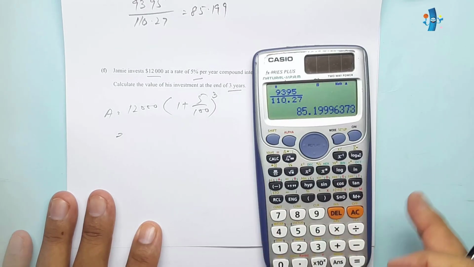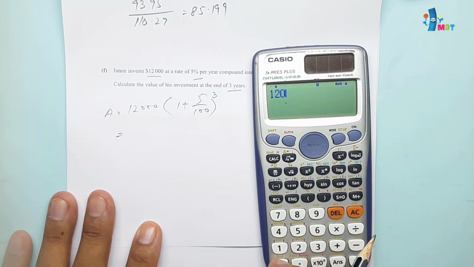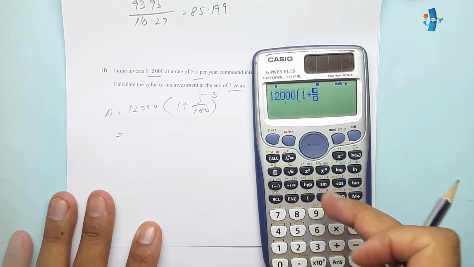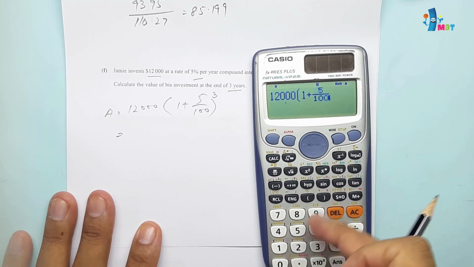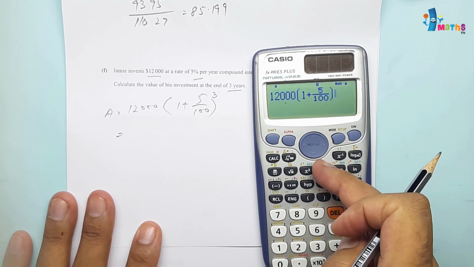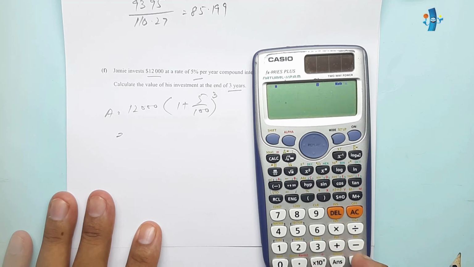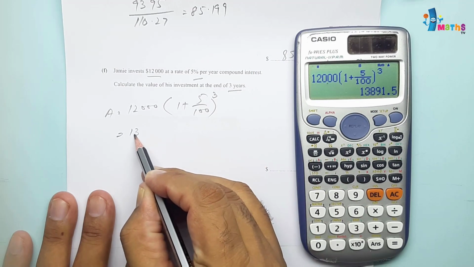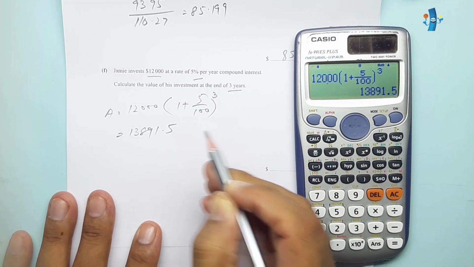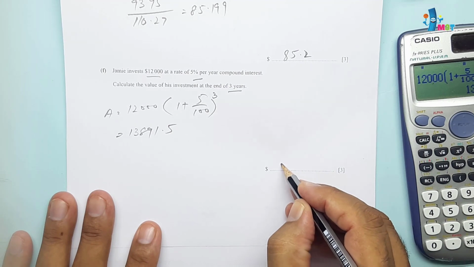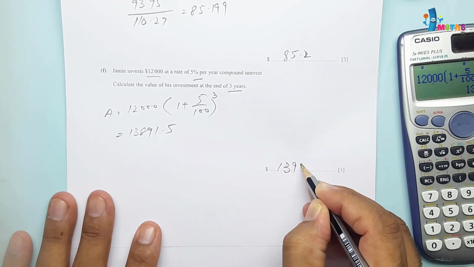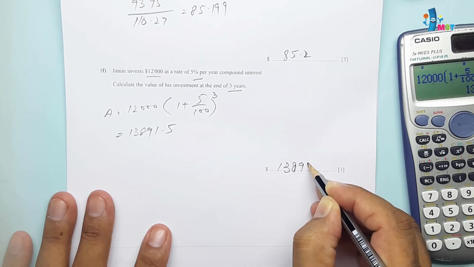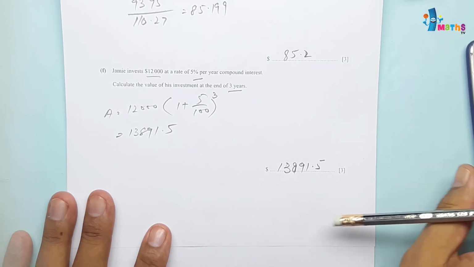So 12000 multiplied by bracket 1 plus 5 over 100, bracket close, to the power of 3 years. This will be 13891.5, so the answer is 13891.5.